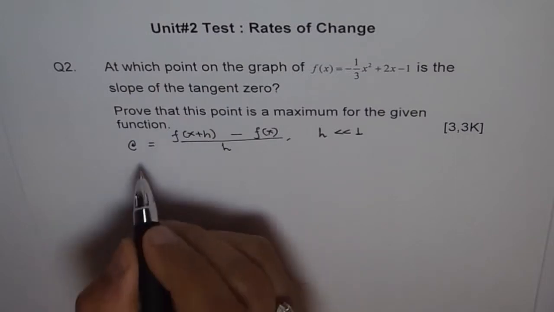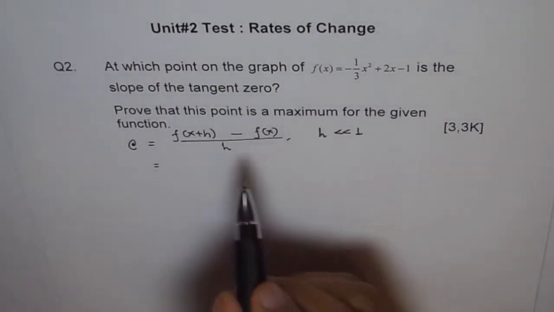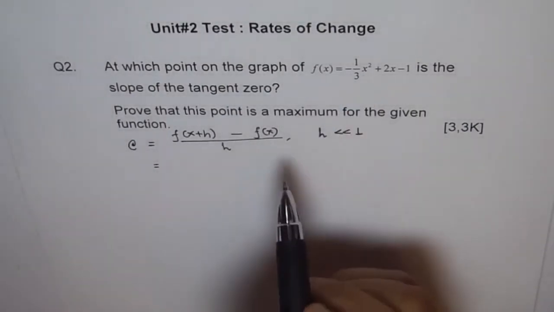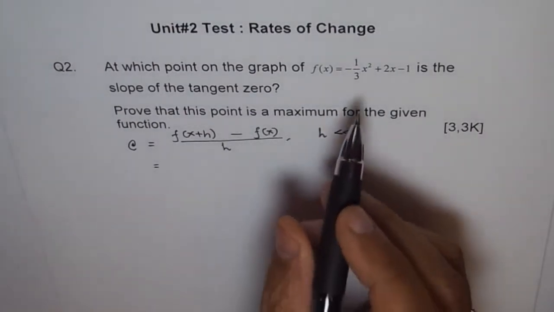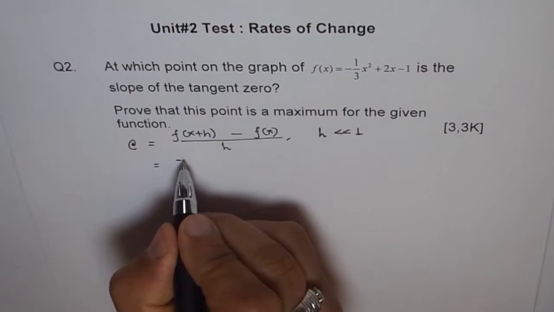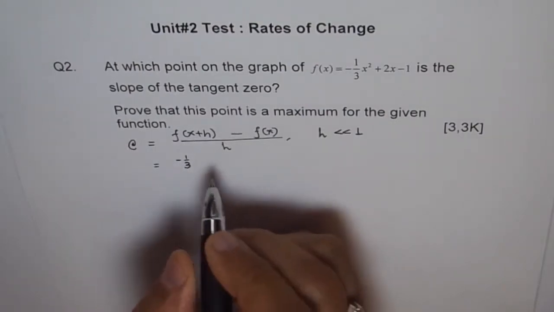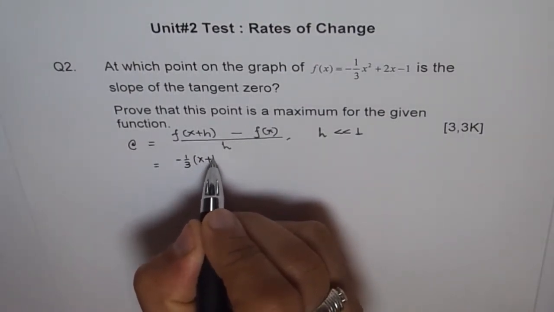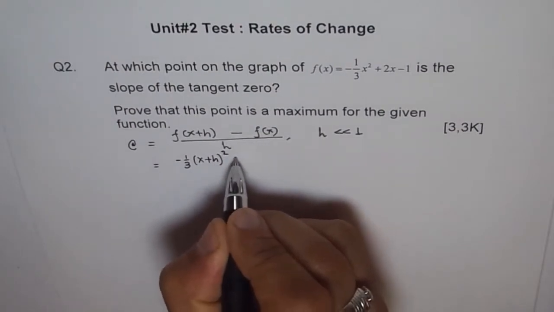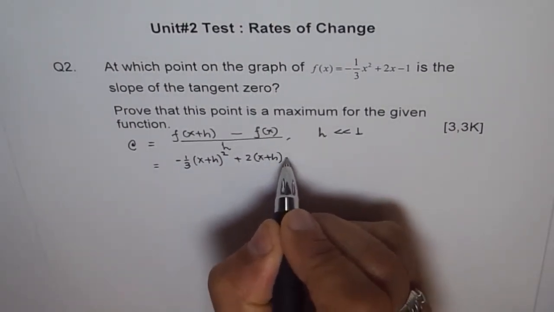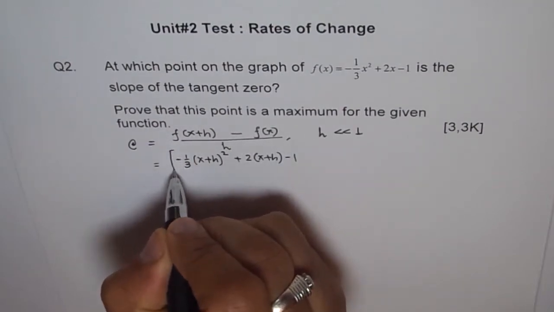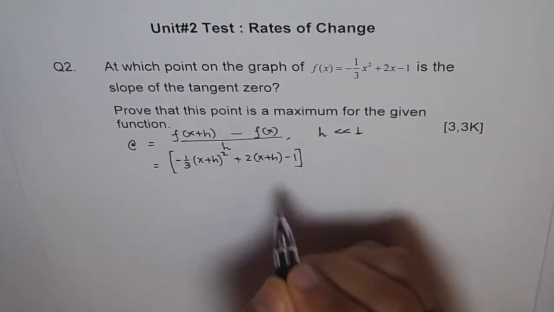Okay, now we'll plug in x + h here and then write down our function. So the function becomes -1/3 (x + h)² + 2(x + h) - 1. I like to always put square brackets here.